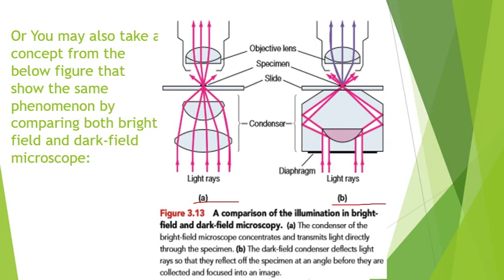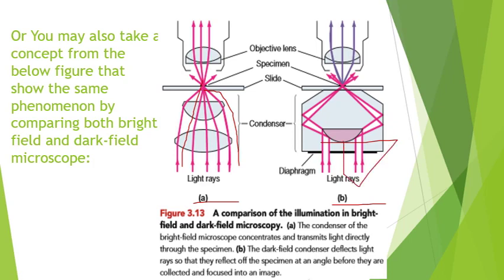In A, the condenser of the bright field microscope concentrates and transmits light directly through the specimen, while in dark field, the condenser deflects light rays so that they reflect off the specimen at an angle before they are collected and focused into an image.